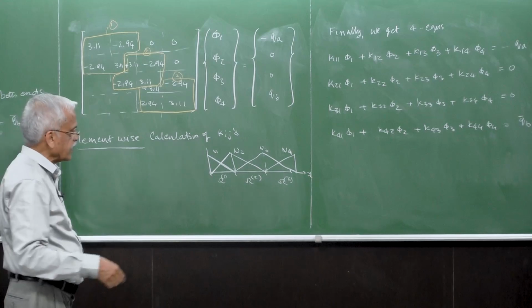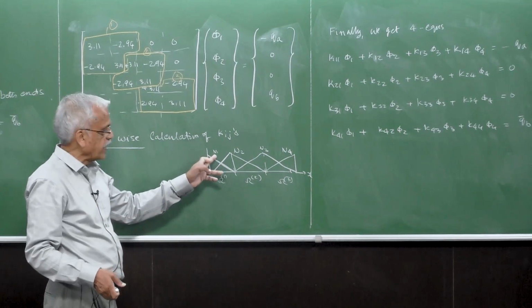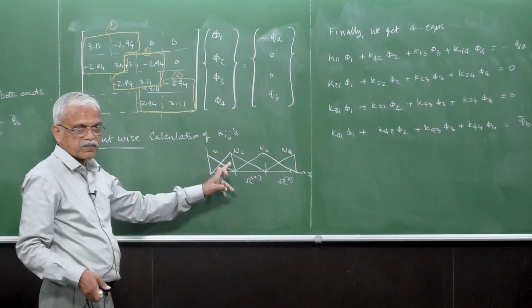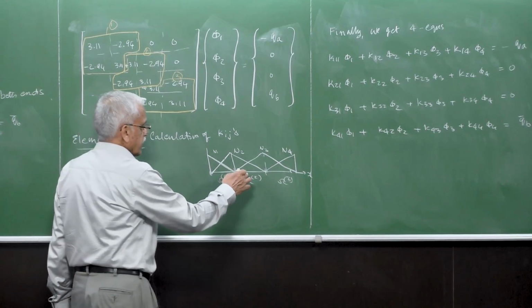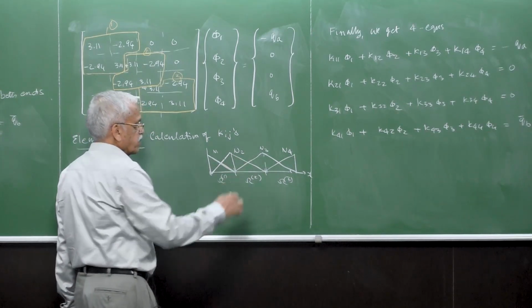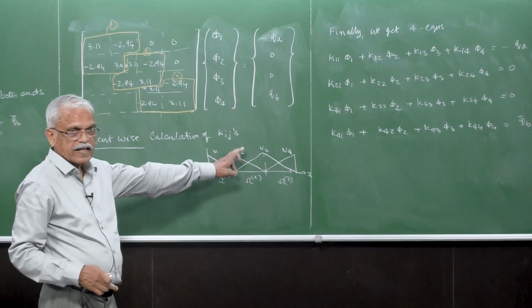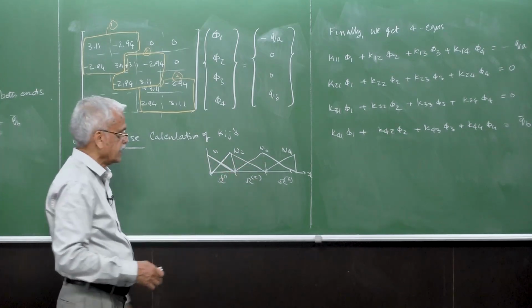So if you calculate the integrals choosing n1, n1, n1, n2, n2, n2, that is what is being contributed here, right? Similarly, element 2 will be contributing to n2, n2, n2, n3, n3, n2, and n3, n3.